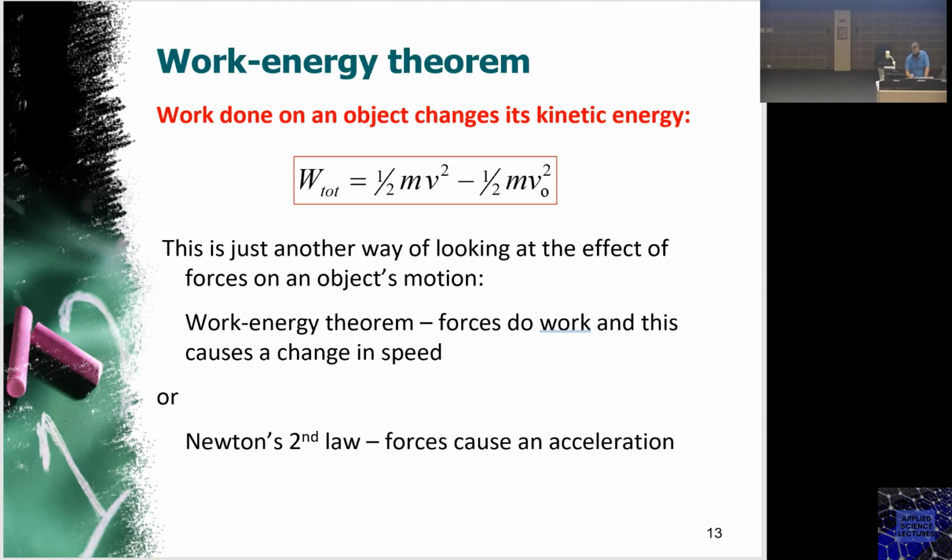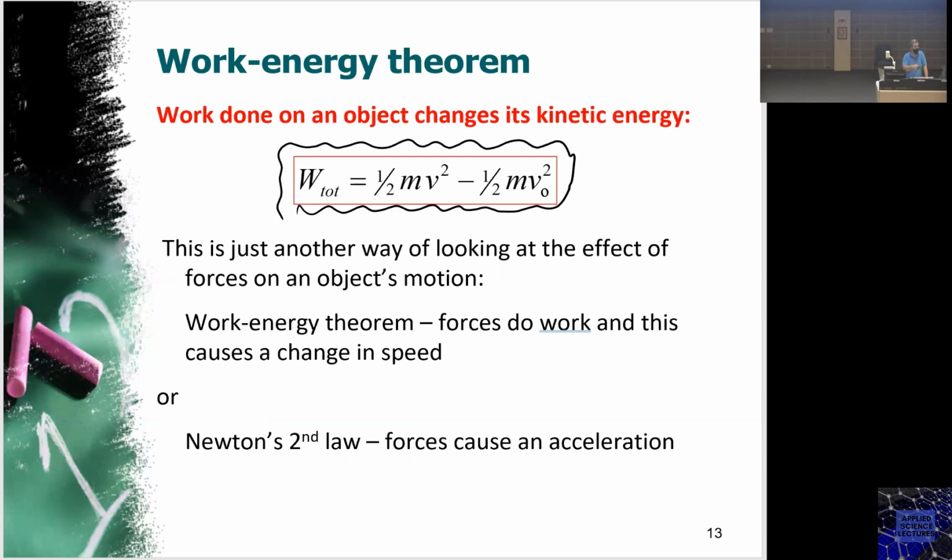So that's why we say W total equals half mv squared, where v here is the final, minus half m v naught squared, where v naught here is the initial. So we're talking from the beginning of the work till the end of the work. The change in the kinetic energy is related to that work. And this agrees with what we have seen in Newton's second law.